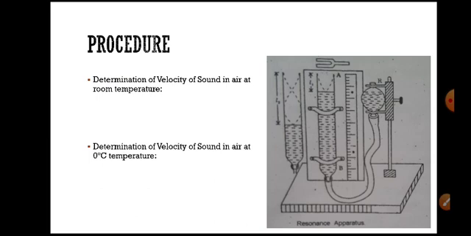If you listen to the sound initially, it helps as a reference to understand whether the resonance sound is coming or not.